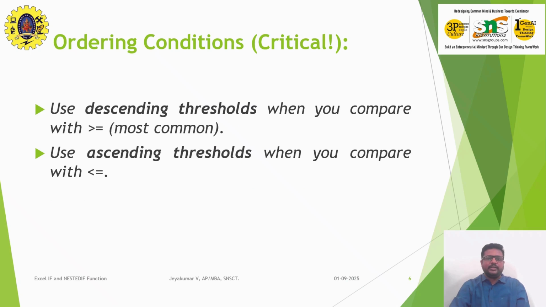Ordering conditions should be descending thresholds when you compare greater than or equal to, or ascending thresholds when you compare with less than or equal to conditions.